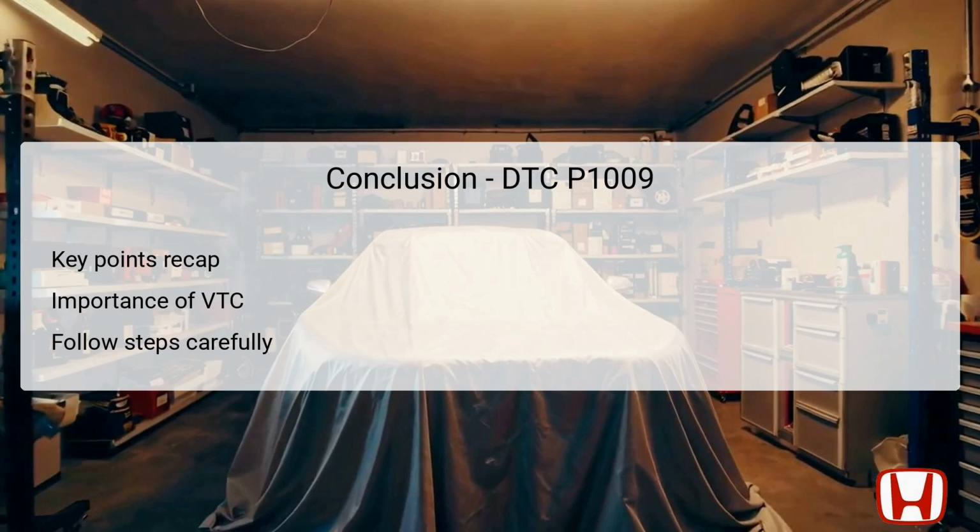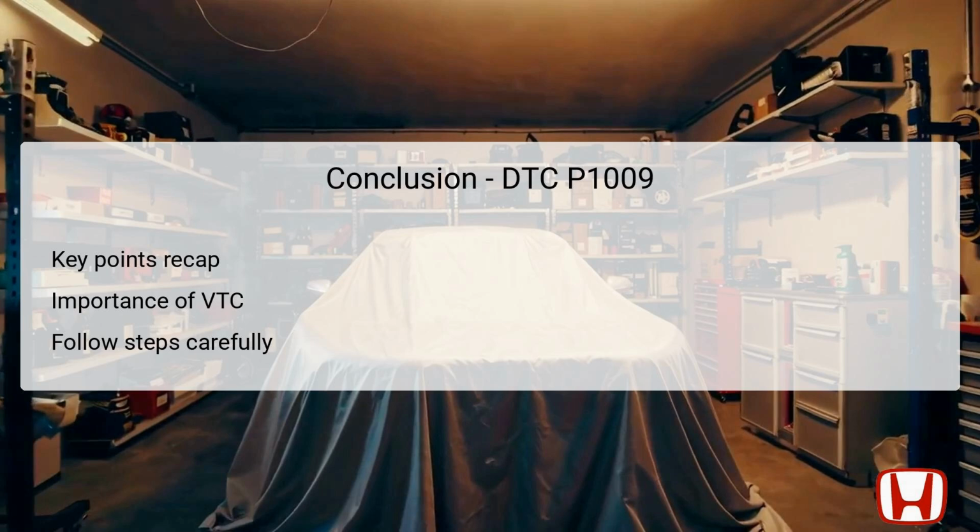In conclusion, understanding and effectively diagnosing DTC P1009, which signifies a VTC A Advance Malfunction, is crucial for maintaining the performance of the Honda Accord from 2017 to 2023. The VTC system, which optimizes engine timing, is vital for achieving fuel efficiency and smooth operation.